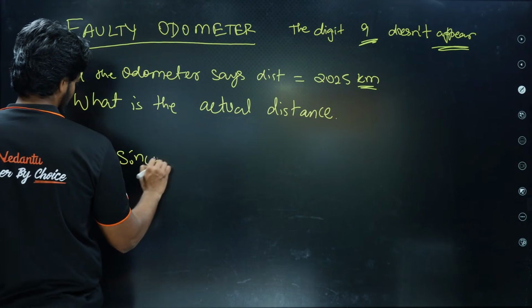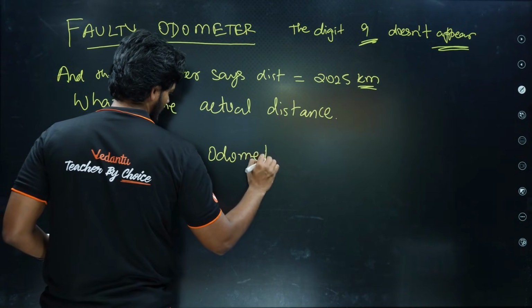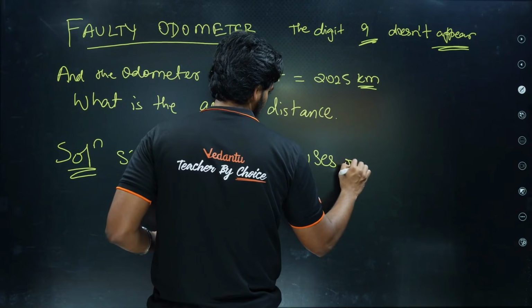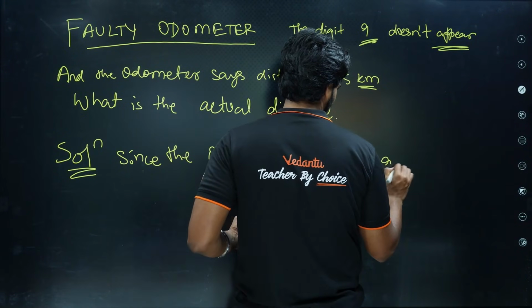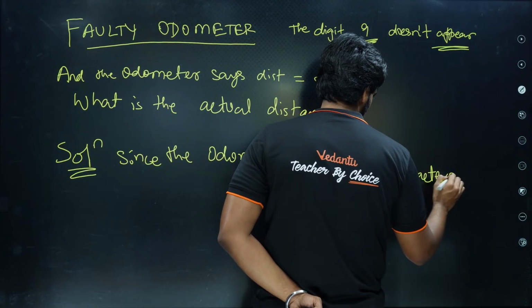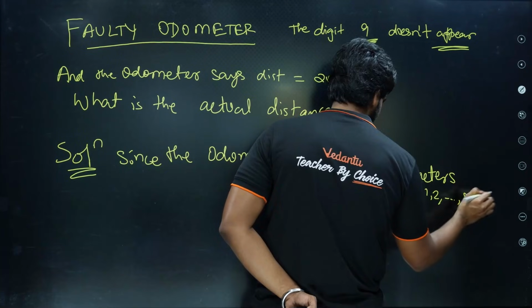since the odometer uses only 9 characters, it is 0, 1, 2 till 8.